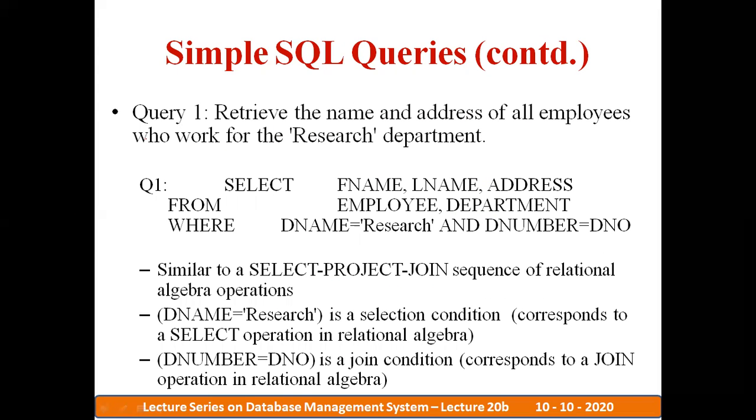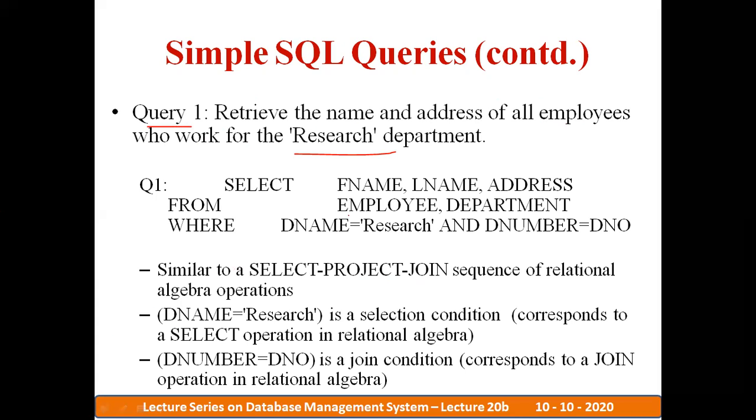Now, let us see query number 1. Here in this case, we are interested to retrieve the name and the address of all employees who work for the research department. The research department, that is the name of the department, is present in the table called department. So that means I need to have two tables.